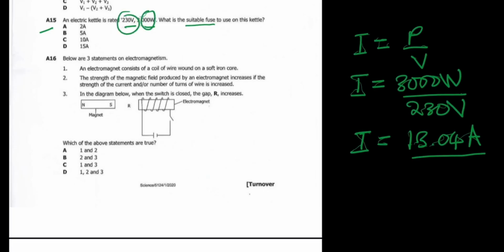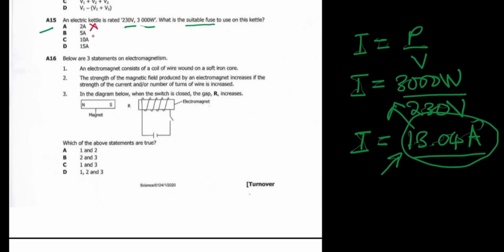So this means that if this is the current that is flowing into the kettle, what is the suitable fuse to use on this kettle? Remember that the rating of the fuse should be slightly higher than the current that is flowing into the electrical appliance, so that should this go up, the fuse is going to be destroyed instead of the electrical appliance itself. So when you look at the options here, notice that you can't go for option A because it's just too little.